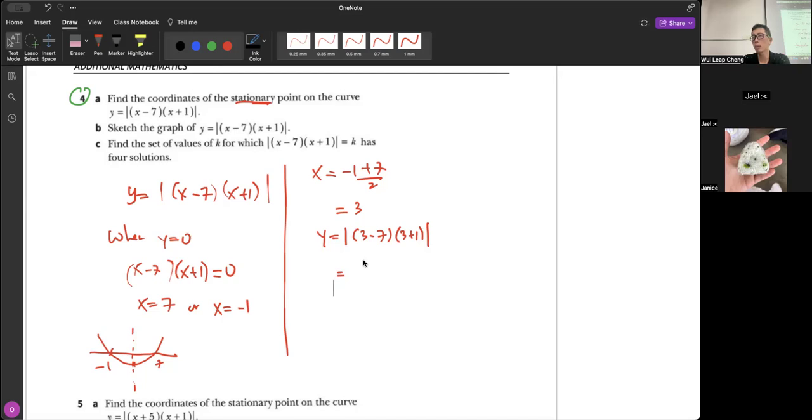Minus 4 and 4, that gives negative 16. If you get negative 16, what is the next step with the modulus? It's 16. Okay, so this is the stationary point. The point will be (3, 16).